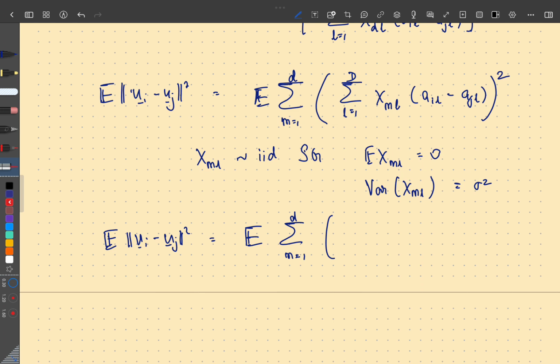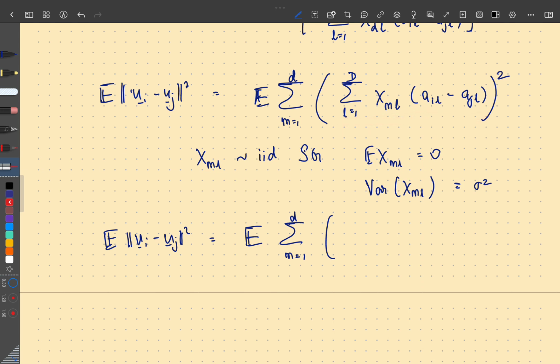So if X_{mL} are zero mean, variance sigma square IID random variables, then this is a sum of independent random variables, each with mean equal to 0.